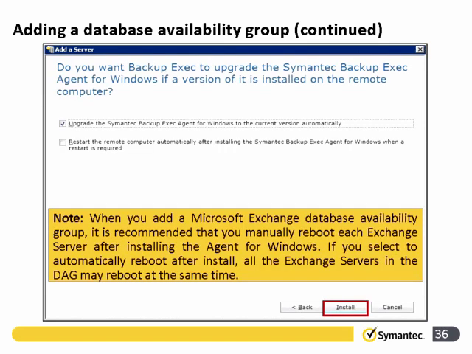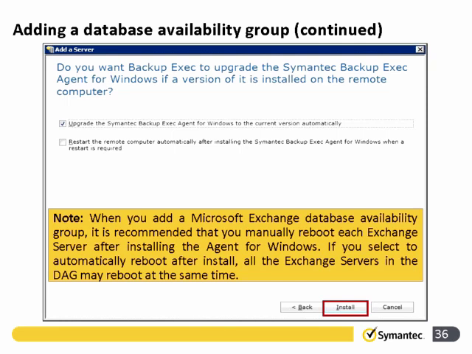Do I want Backup Exec to upgrade the agent from an older version or a patched version? The default for that is yes. The other option on this screen is to restart the remote machines after the upgrade has completed. For Exchange, you want to make sure that this box is not marked.